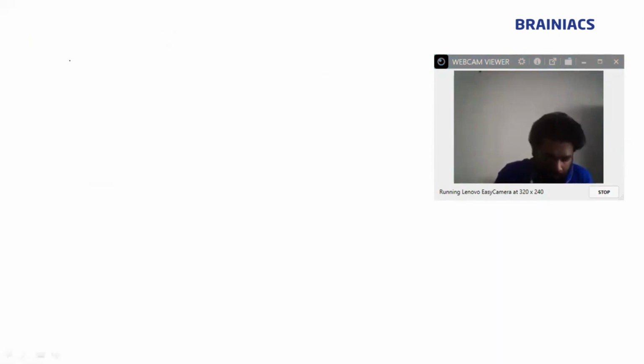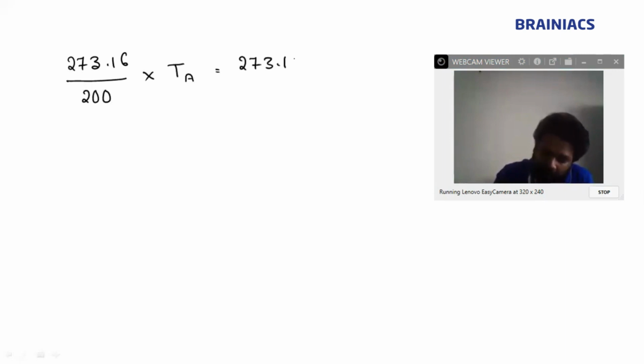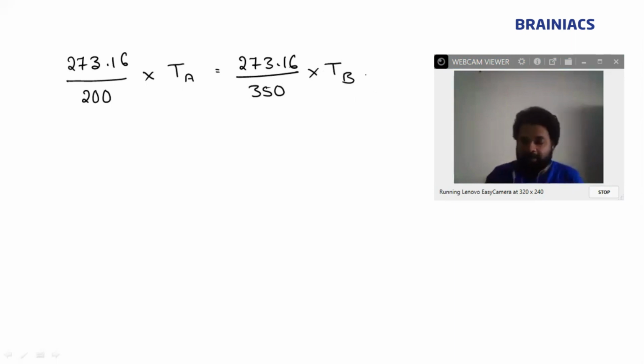So 273.16 divided by 200 into TA is equal to 273.16 divided by 350 into TB. Why is this equal?